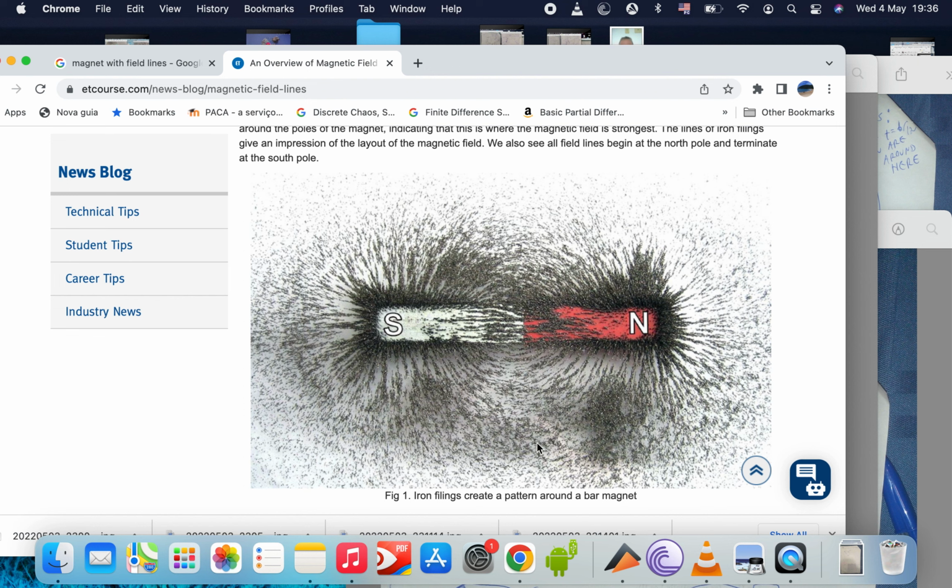There's more field lines here, but it's a lot of happenstance from the way you throw the iron fillings at the magnet. So the happenstance says that these field lines are going to be really weak here, and they're going to be really strong here and really strong here. And that's the picture we're going to use.